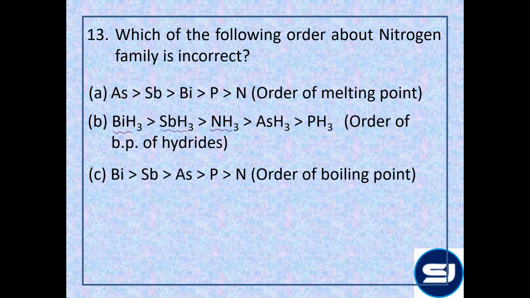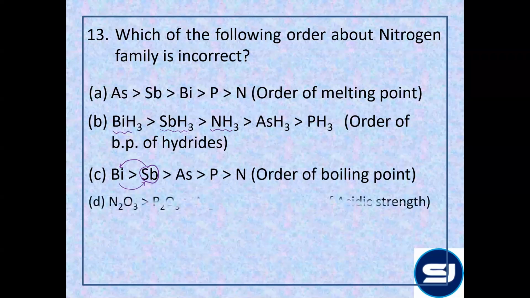But in case of group 15, it was increasing, but antimony and bismuth में there was a slight difference. एंड ऑब्जर्वेशन ये था कि एंटीमनी का बॉइलिंग पॉइंट सबसे हाईएस्ट होता है, बाद में बिस्मथ का, एंड देन एज एक्सपेक्टेड. मतलब इस ऑर्डर में गड़बड़ है. द करेक्ट ऑर्डर शुड हैव बीन लाइक दिस. एंड डेफिनेटली लास्ट ऑप्शन करेक्ट होना चाहिए.